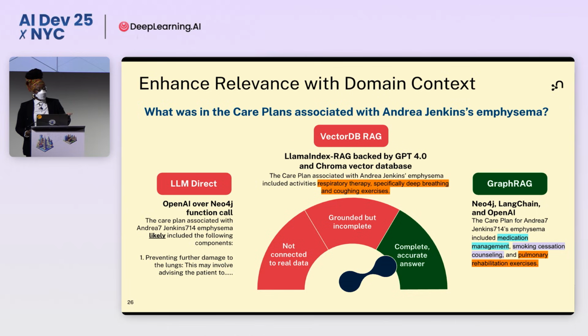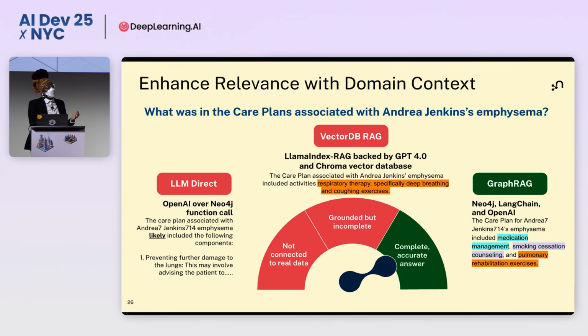When you use graph as context, or graph RAG, you can combine vector retrieval with structured connections to surface precise treatments like smoking cessation counseling, rehab exercises, and medication regimens that are specific to this patient. So the graph makes logic explicit: which condition, which care plan, which specific treatment we need to look at for this particular patient.